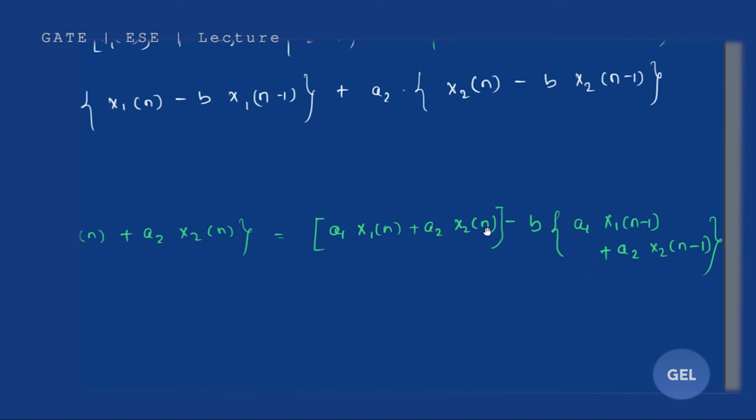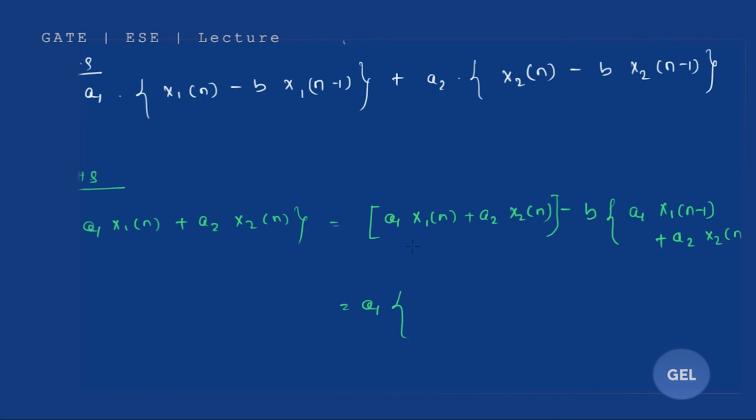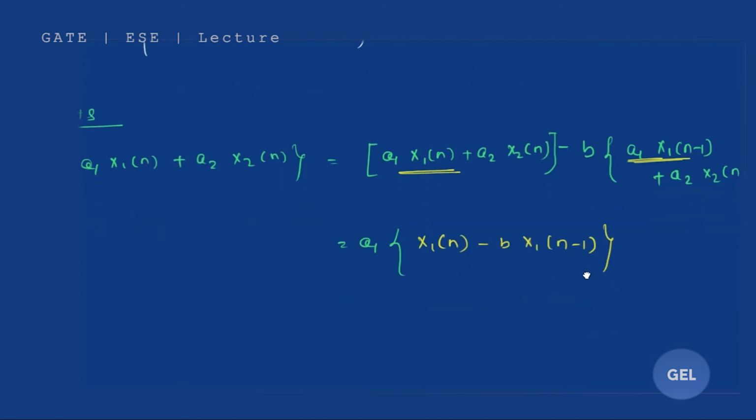Now if you arrange it in this way, if you take a1 common from here, you will get x1 of n. If you take a1 common from this term, you will get minus b x1 of n minus 1. Clear?